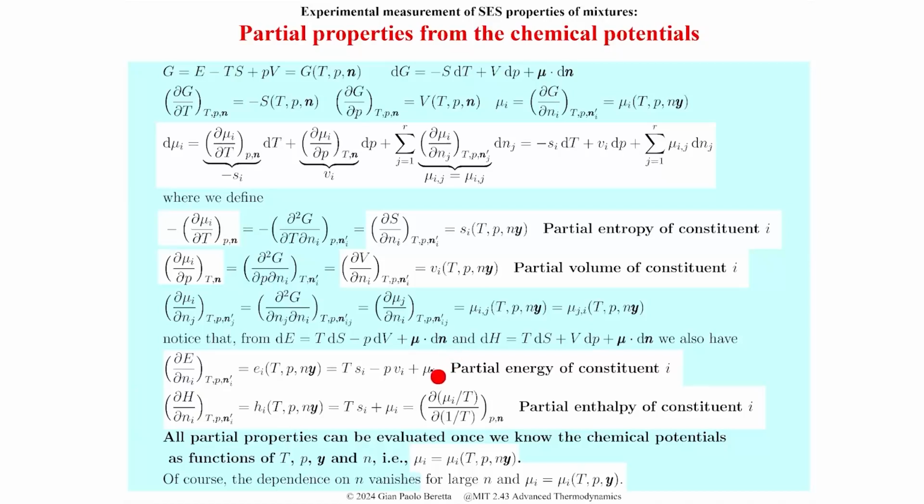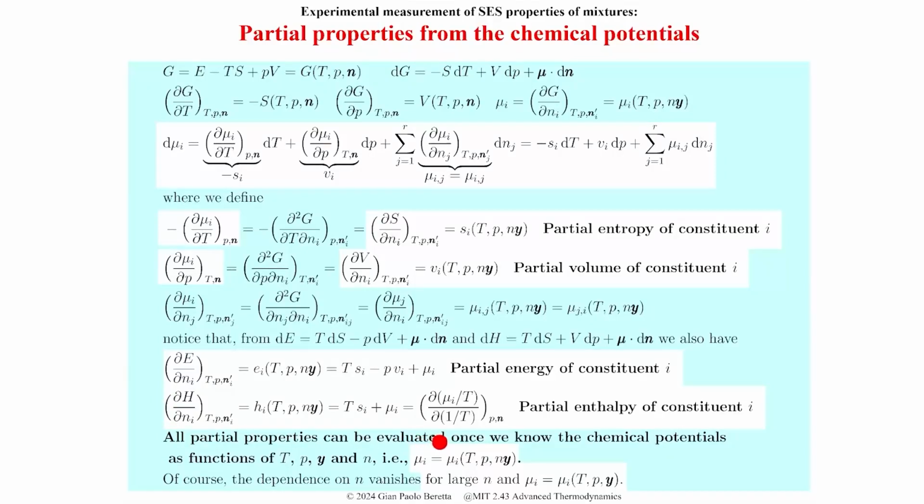So that leaves me with just the chemical potential. And so this is how we prove it. You can do it better, but it was just a sort of game, because sometimes proceeding formally is helpful to go fast and do some checking. In any case, this is the expression for the partial energy of constituent i, and you can play the same game using the differential for the enthalpy to express the partial enthalpy of constituent i.